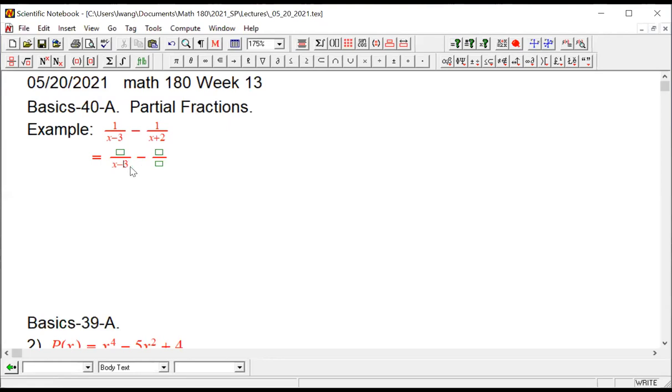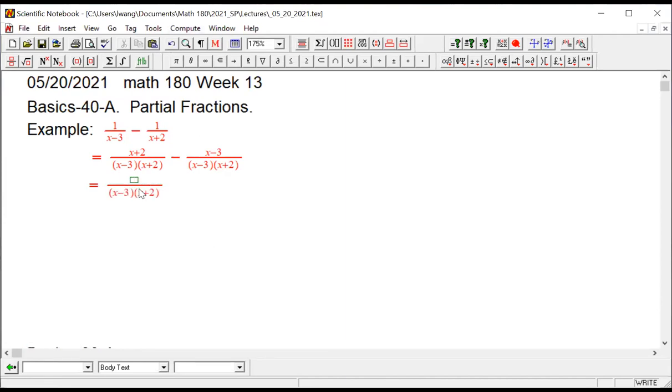One factor in the denominator is x minus 3, and there's another one, which is x plus 2. With the common denominator in place, over here you're going to have x plus 2, here you have x minus 3, right? This is something you have learned in algebra class. So now you take this numerator, subtract this numerator, and you're going to have a 5.